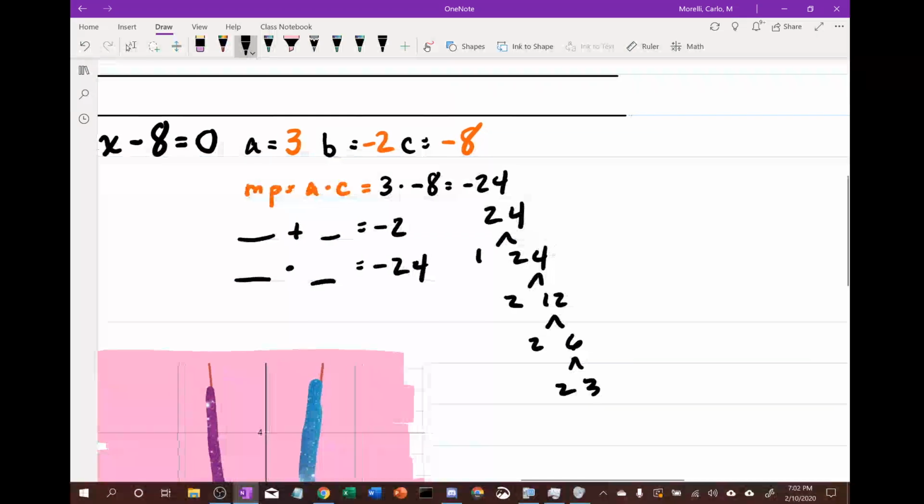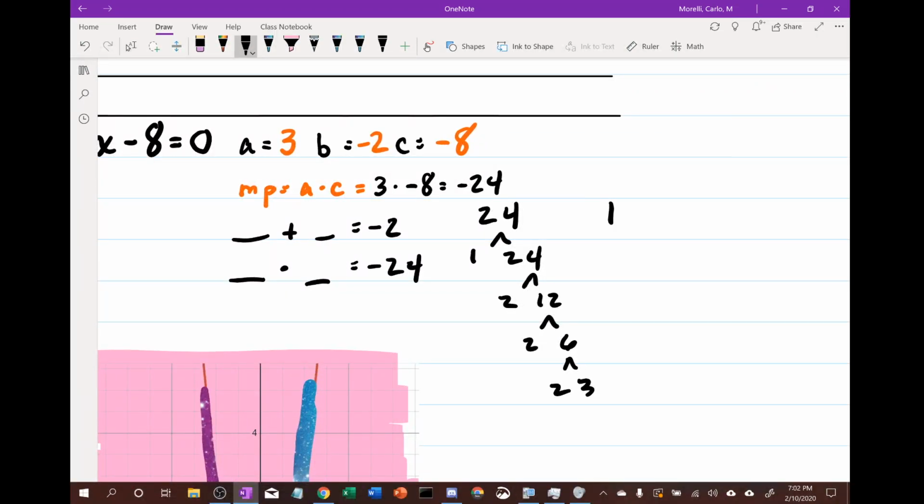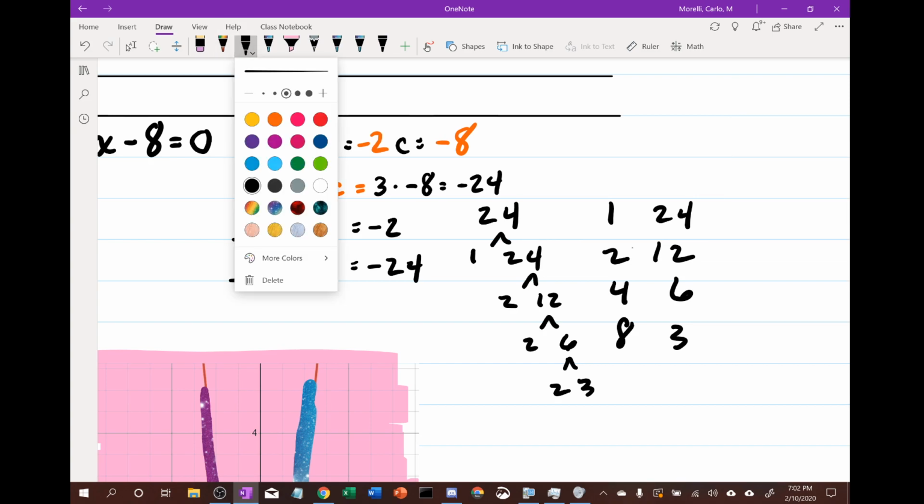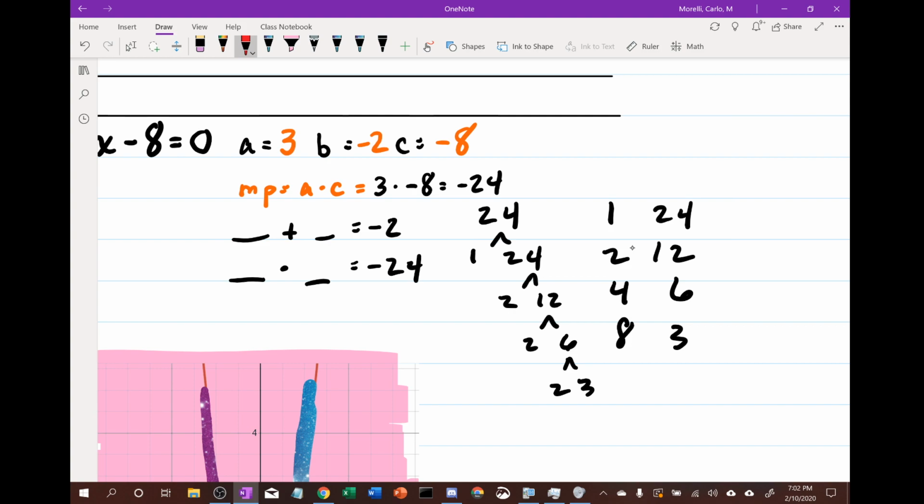So all my possible factor pairs would be 1 and 24, 2 and 12, 4 and 6, and 8 and 3. Since C is negative and B is negative, I know that I'll have different signs and that my biggest factor will have a negative sign. So I'm going to put a negative symbol next to the big numbers and a positive symbol next to the small numbers.